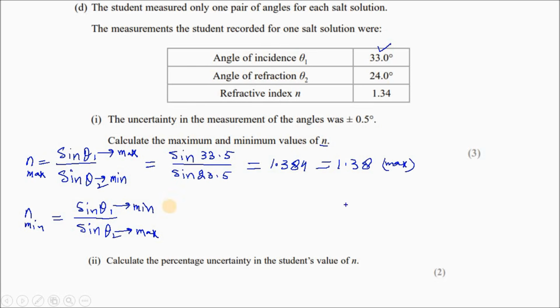And for minimum refractive index, θ1 should be minimum, so sine of 33 minus 0.5, so it is 32.5, divided by sine of θ2. θ2 will be maximum, so 24 plus 0.5, so 24.5, and then it will give you 1.296, rounded off to 1.30.